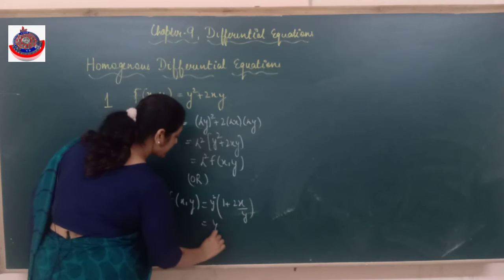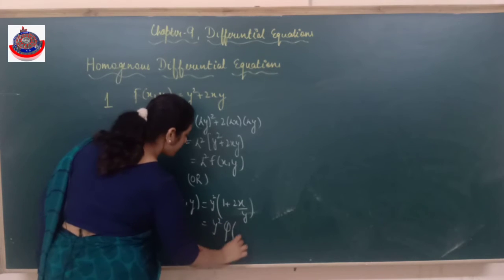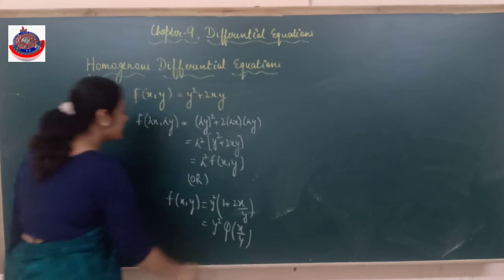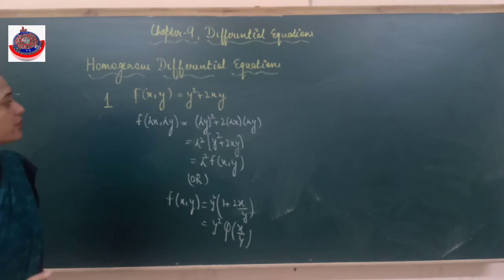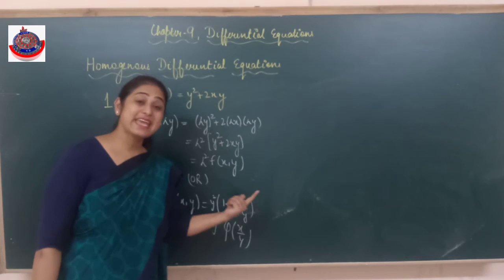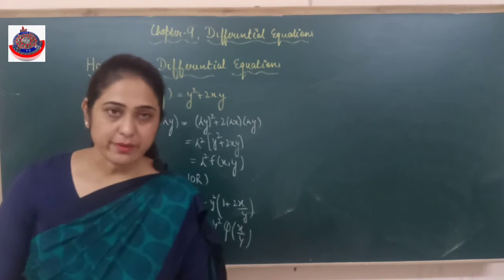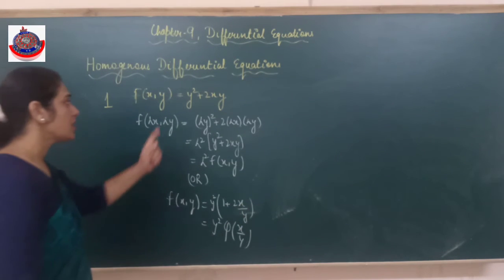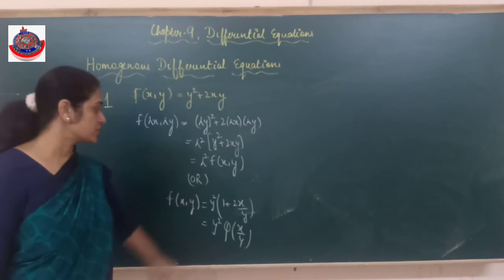So that means it has become y square is equal to a function of x upon y. Clear? See, there are two types of differential equation: one which becomes y upon x, and one which becomes x upon y. I am going to explain how to solve a homogeneous differential equation.